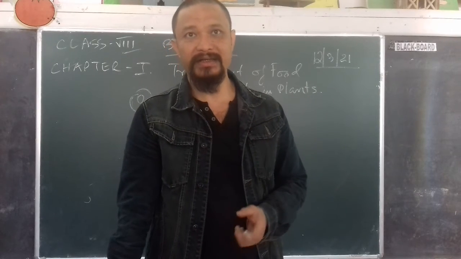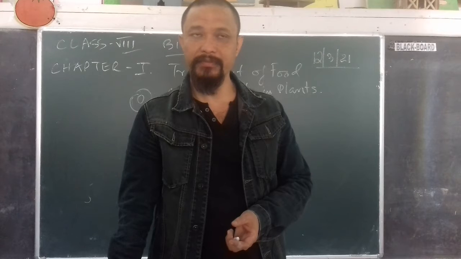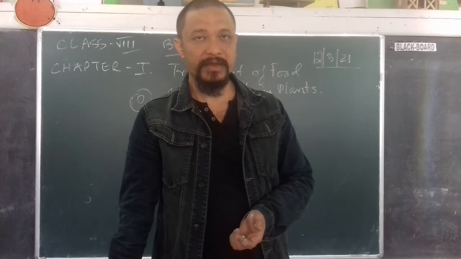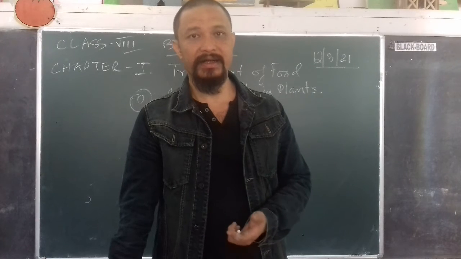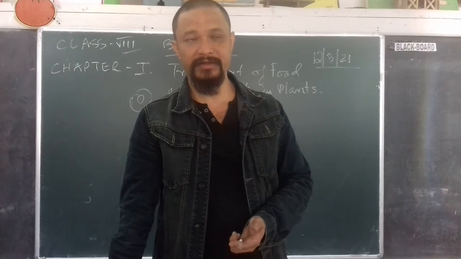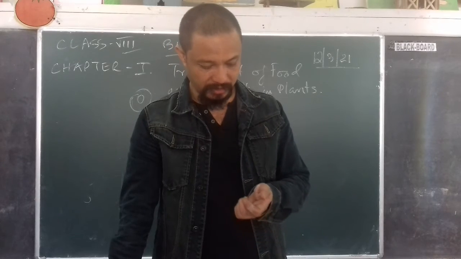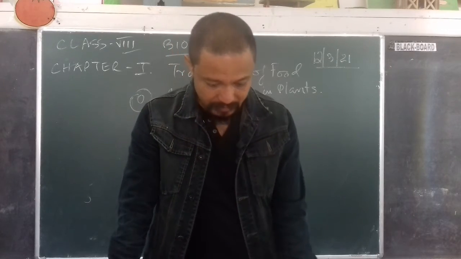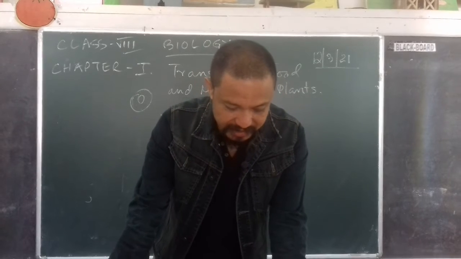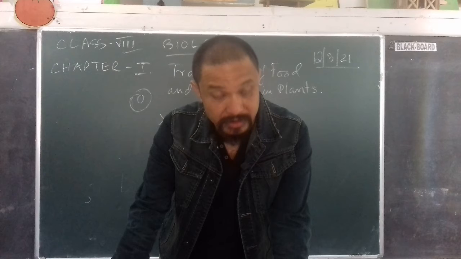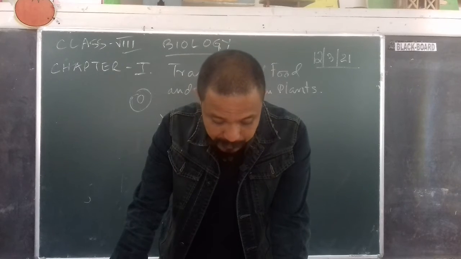So xylem basically consists of both living and non-living cells, but I think the non-living part is more important in xylem. Most of the cells are lignified, which means they contain lignin. It's a hard structure, which makes it strong and gives support also. Function: xylem vessels and tracheids transport water and minerals upward from the roots to different parts of the plant, as I've already told you.